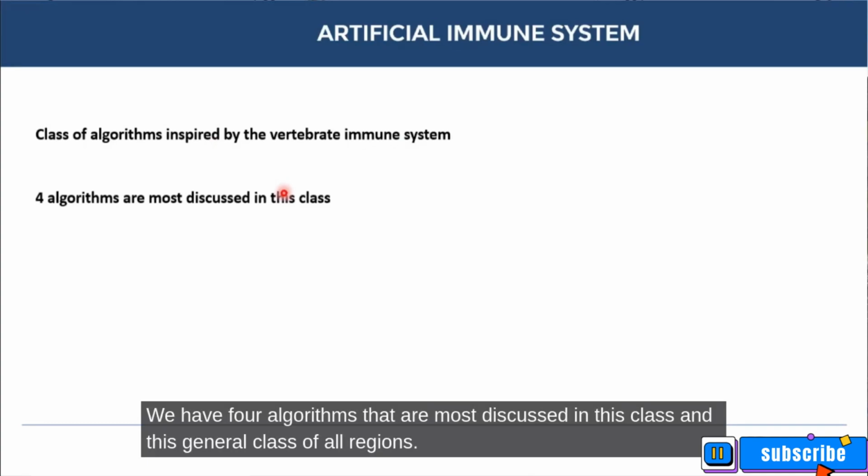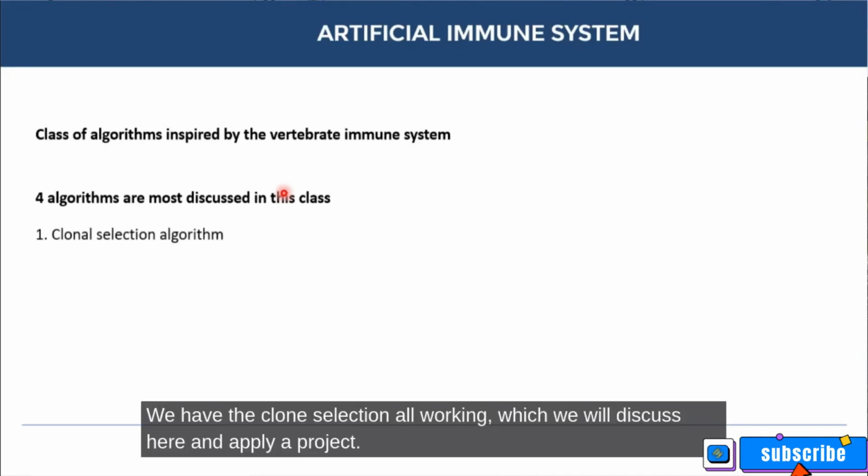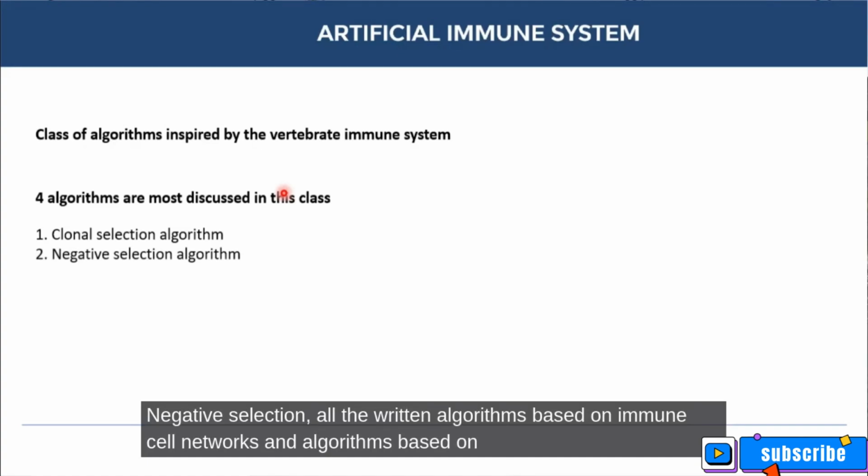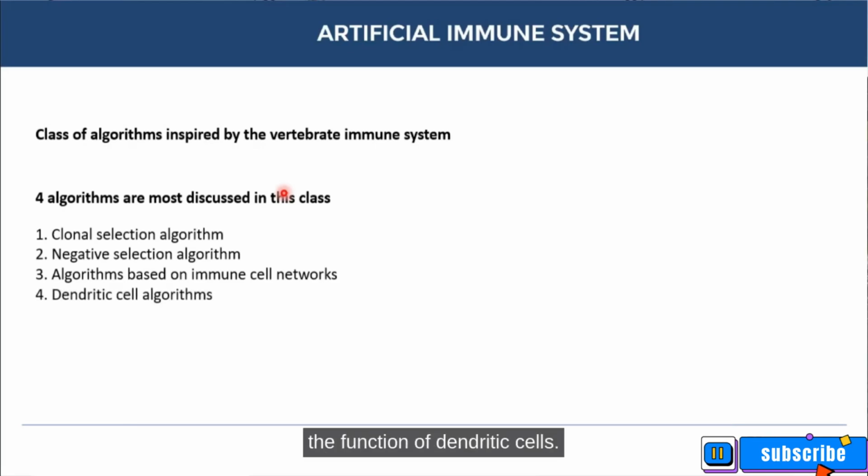We have four algorithms that are most discussed in this general class of algorithms. We have the clonal selection algorithm, which we will discuss here and apply in a project, the negative selection algorithm, algorithms based on immune cell networks, and algorithms based on the function of dendritic cells.